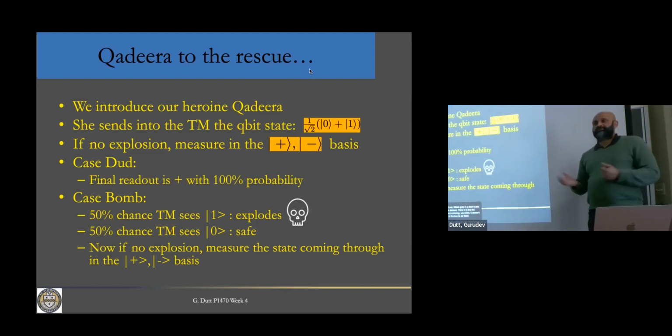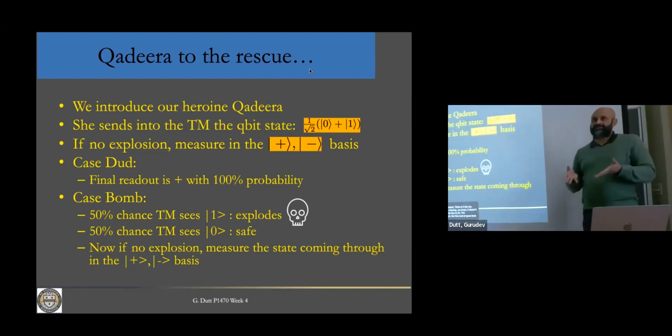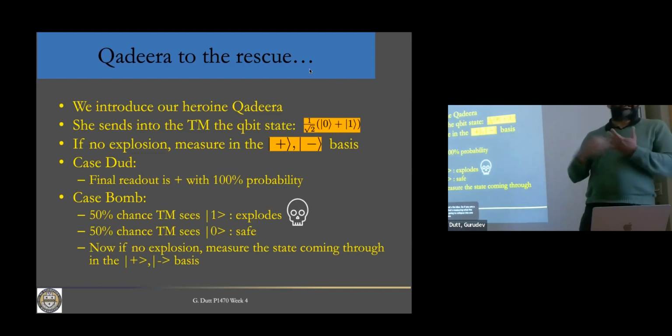So this goes back to the idea that when you watch something, it always collapses, right? That's the idea. If you have a Turing machine that's measuring what the state is, it's always going to collapse it into one state or the other, 0 or 1. But it has a 50% chance to do either.